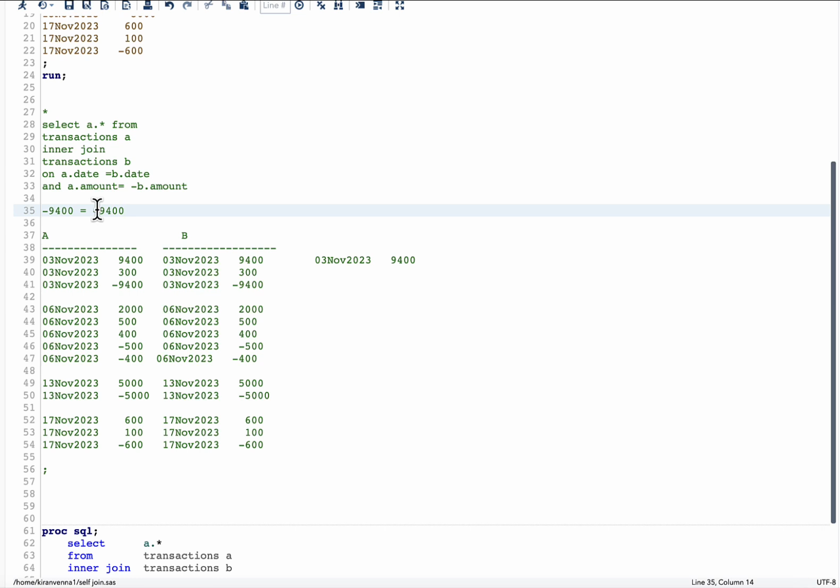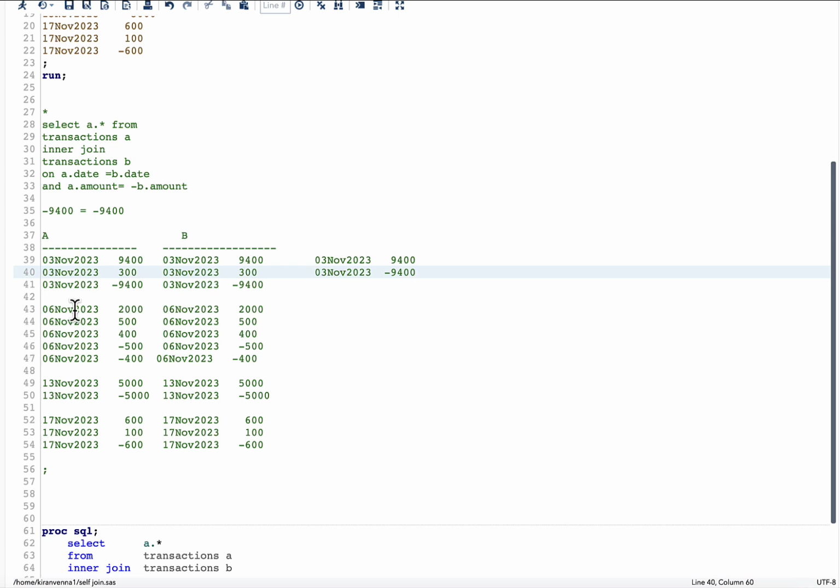In this fashion, we are comparing the dates. Date should be the same. Amount should be equal to another amount in the B data set, but after adding minus. So after adding minus, they should become the same. In this way, this observation matched and also this observation matched. So we have both of these observations as our result.